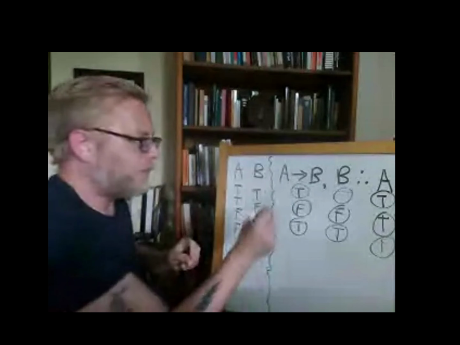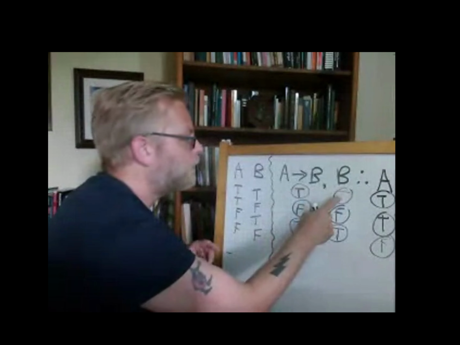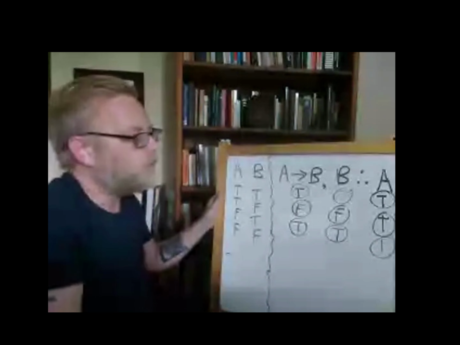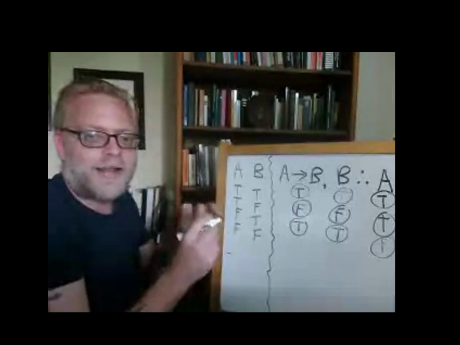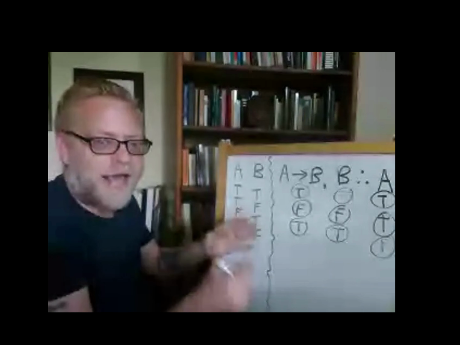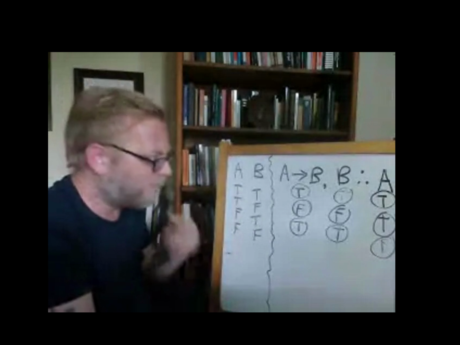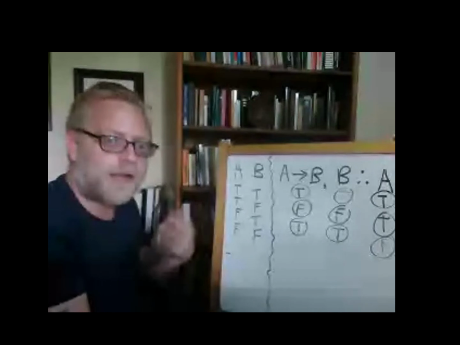Here, we can feed this argument format true premises, and it could spit out a false conclusion. Valid argument forms don't do that. So valid argument forms are like truth machines that you feed truths, and another truth comes out every single time. That's why we use valid argument formats. They're truth machines, and we're after truth and accuracy.